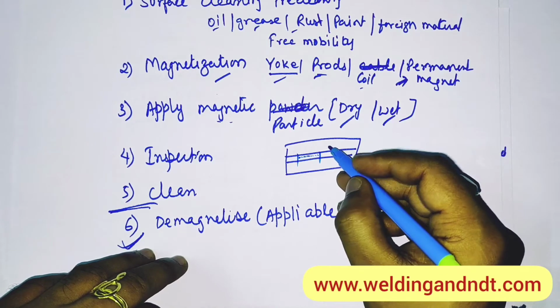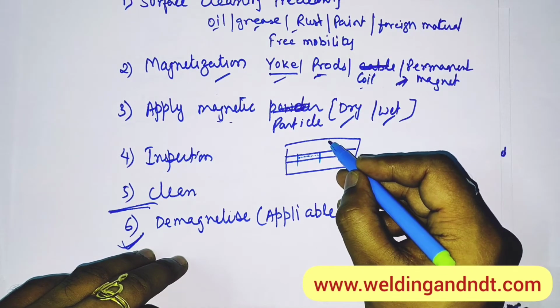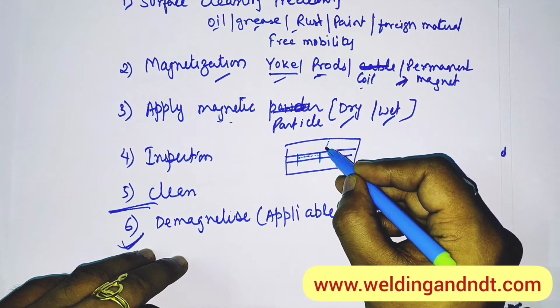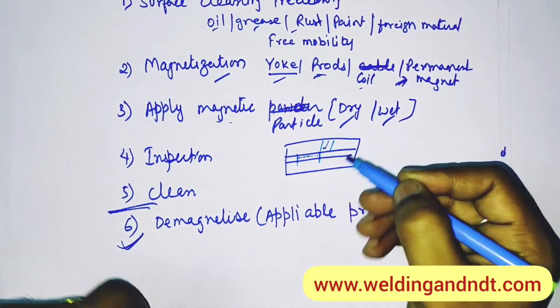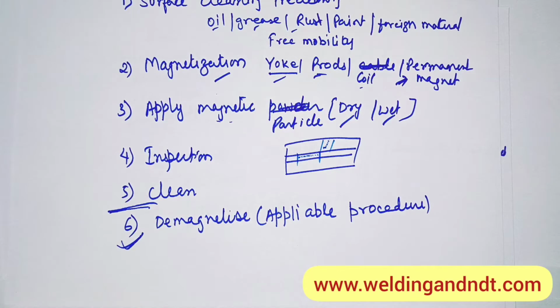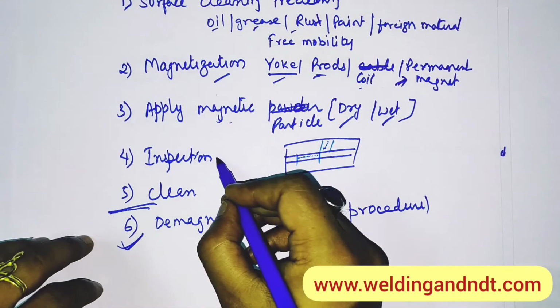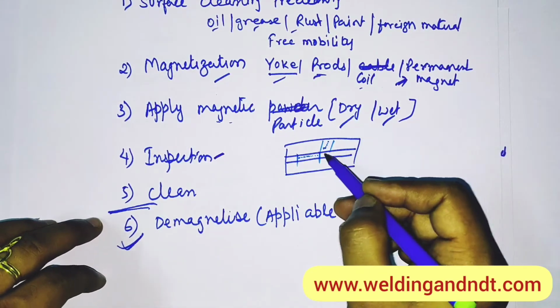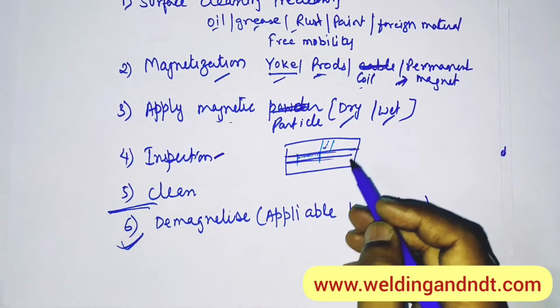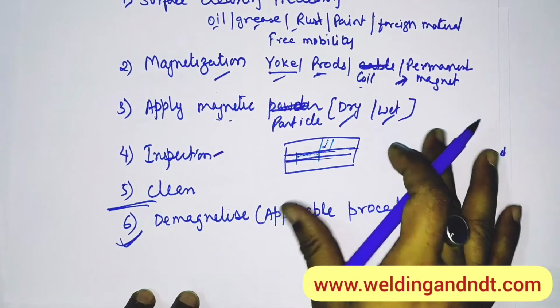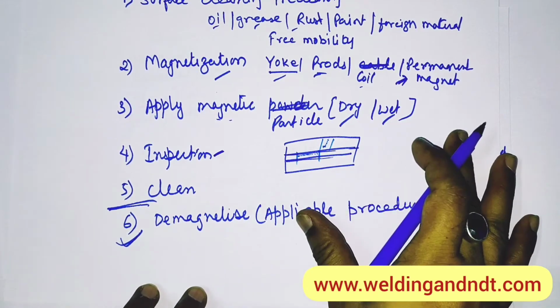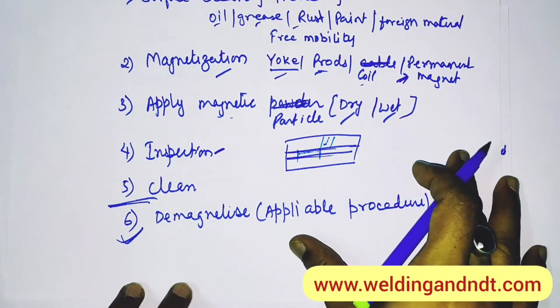Suppose we have a crack in the parent metal, the particles will align in the area of the crack or in the area of surface breaking. So you can measure the length or dimension of the crack. So this is inspection. After applying the particles, you will thoroughly inspect the item. If there is any accumulation of particles, then that will be assumed as a defect, and you can measure the dimension of that defect.